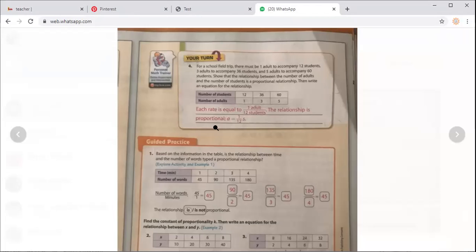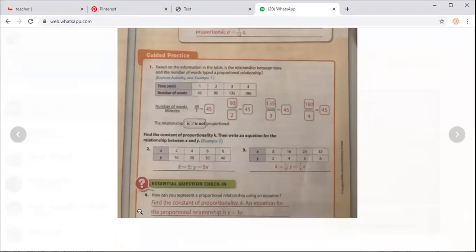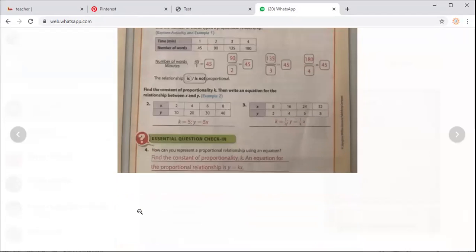Which one represents X and which one represents Y? Always the top represents X. And the bottom represents what? Y. For this table, I wrote X and Y.